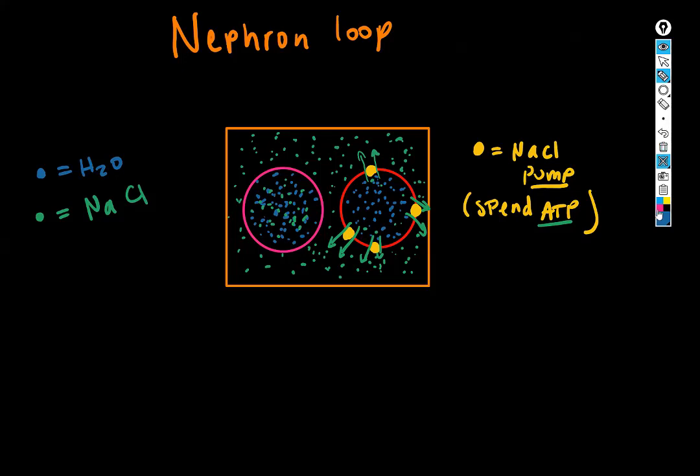Now let's add our permeabilities in. The pink tube is only permeable to water. It's not permeable to sodium chloride.